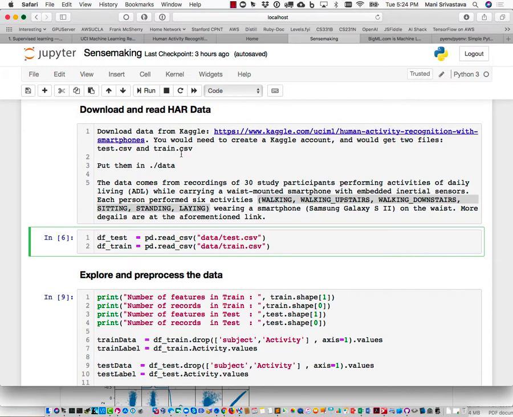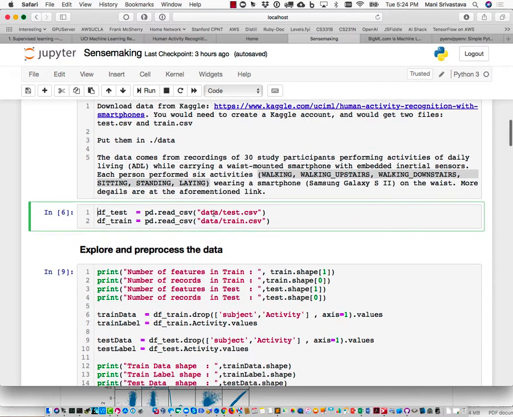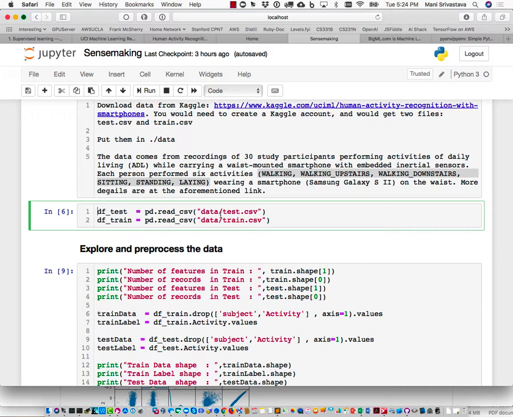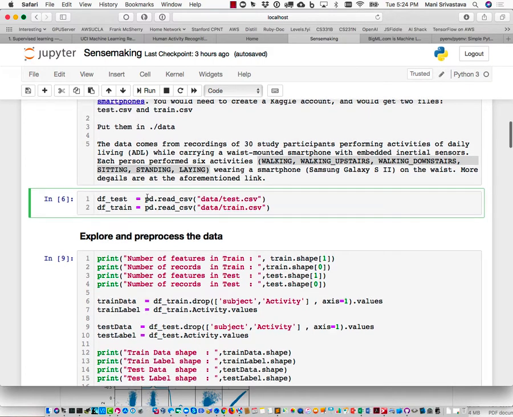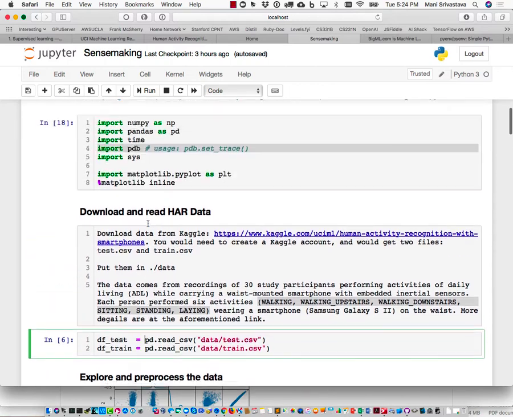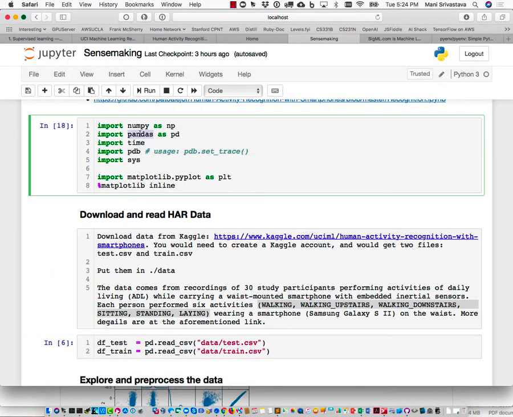It gives you the test.csv and train.csv, and I put them into a subfolder called data, and then I use pandas. Pandas is a package which represents data as a data frame. A data frame is a table of data with columns representing attributes and rows representing samples of data.